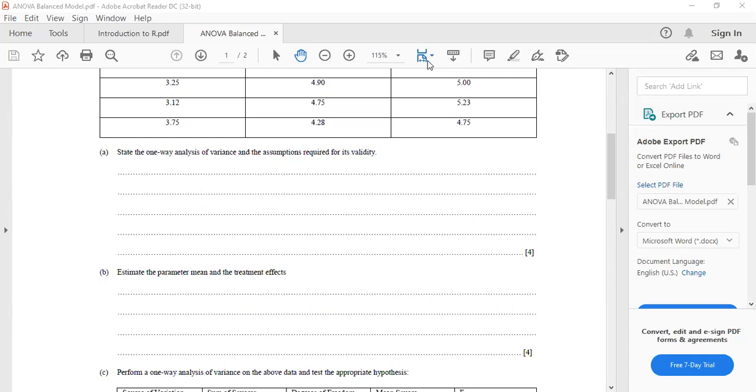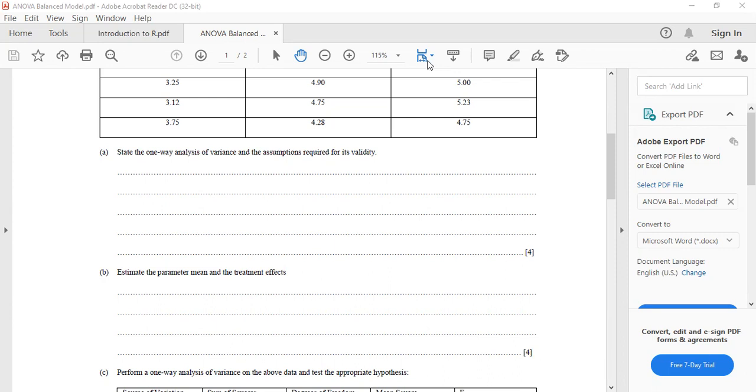All right. I want to talk about tau 3. It's 4.996 minus 4.3533. Just give us the formula first. The formula is tau hat 3 equals y bar 3 dot minus y bar dot dot.